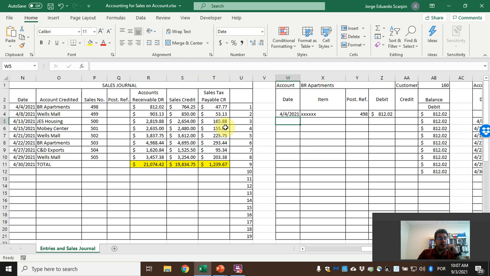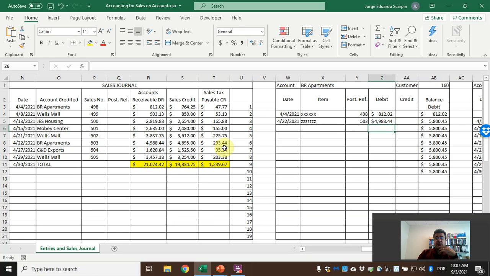Do we have anything here? Yeah, we have a second BR Apartments here. So April 22nd. What is the invoice? 503. Debit, 4,988.